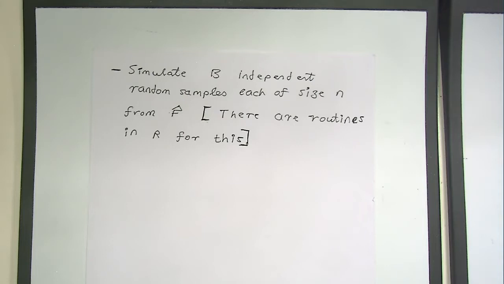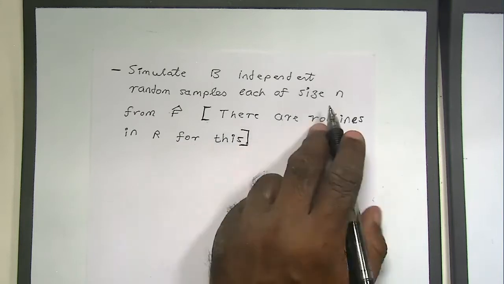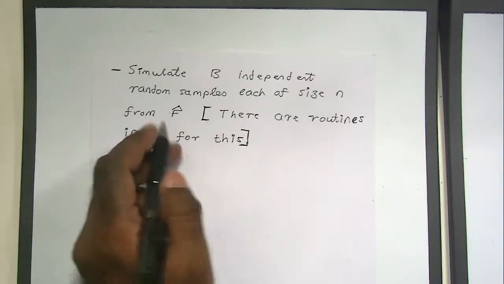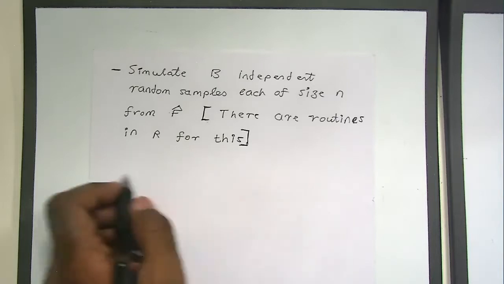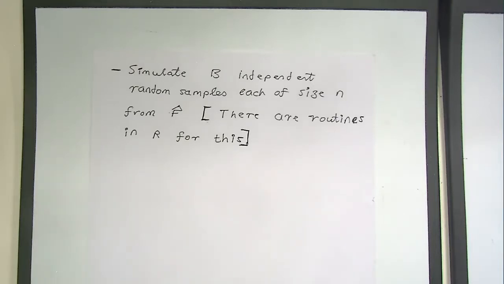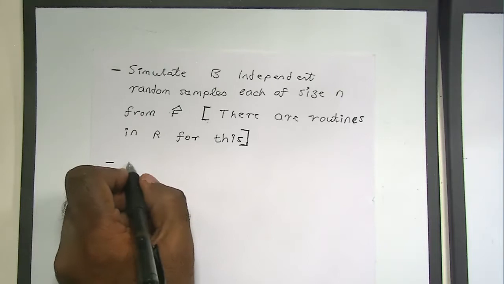There are also routines in R for simulating from f hat. So the first step is to simulate B independent random samples, each of size n, from f hat. And you can do that using R. B could be any number, like 100,000, 10,000, or a million.